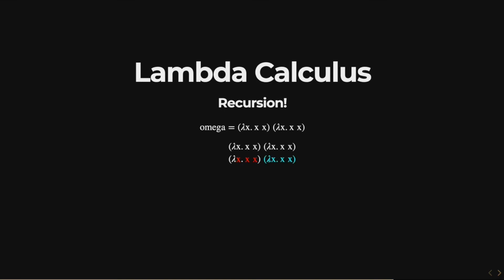When you apply it here, you're going to get x applied to x, where x was substituted by this. So you're actually going to get the very thing that you started with. And so you do the next step of computation and you get back to where you were, and so on, right? So this thing is going to infinite loop.